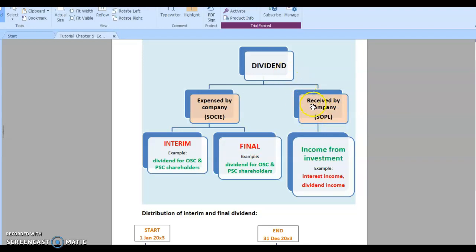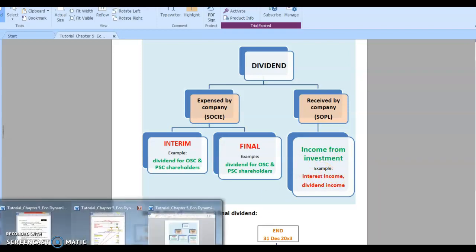We go to the first one. Dividend may also be received by a company as a return on its investment in another organization or another company. So if the company receives any reward in terms of interest income or dividend income, this item should be reported in the statement of profit or loss under income from investment. So how to know whether there is any dividend income during the year?